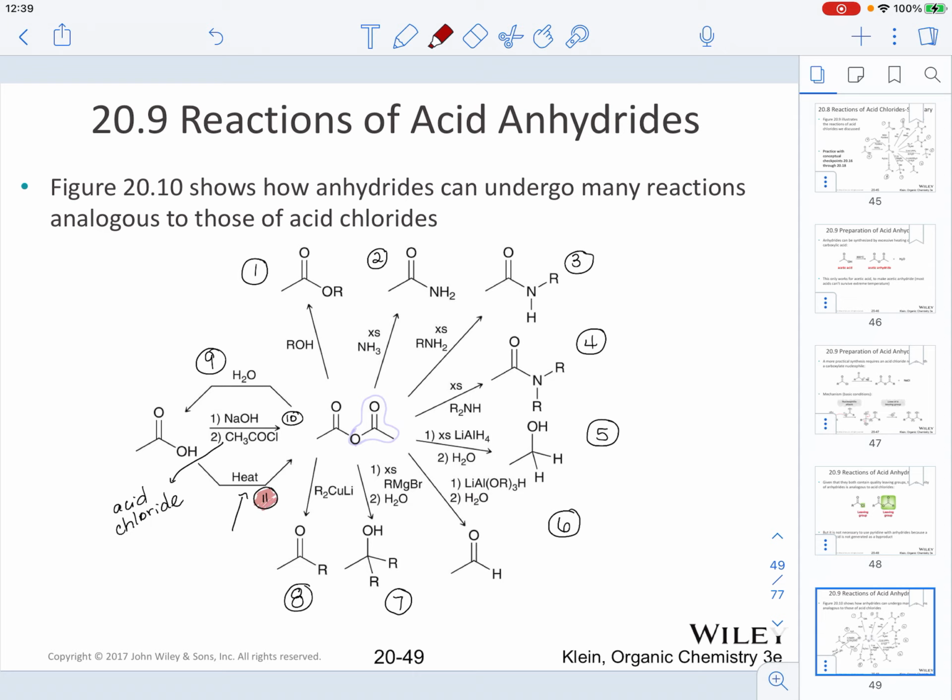And the reason is that reaction number 11 only works for acetic acid forming acetic anhydride. So it doesn't work for every carboxylic acid.